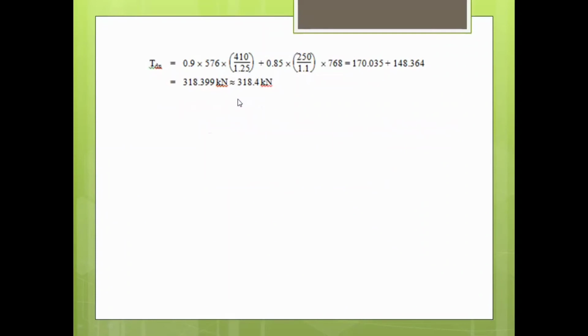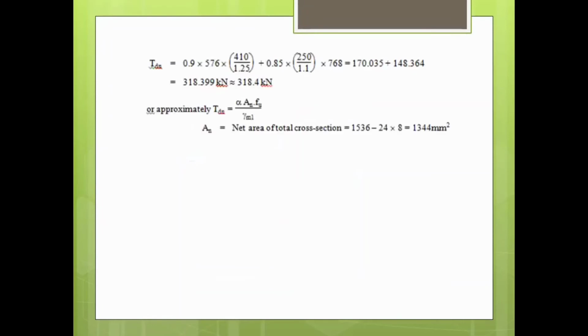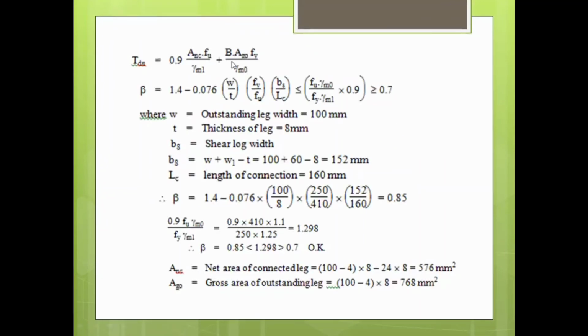If you do not have data for the equation, like Fu, Fy, Ago, Anc, and you are not able to calculate these values, then alternatively you can use this equation for design strength due to rupture of critical section. Otherwise, you have to use the full equation itself.